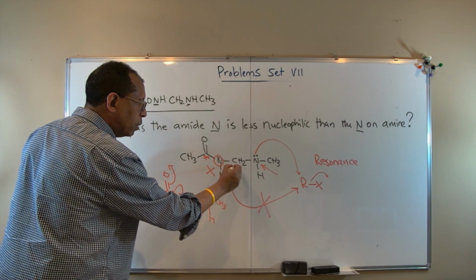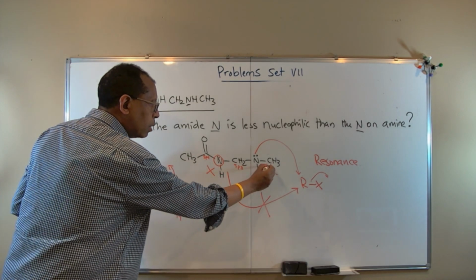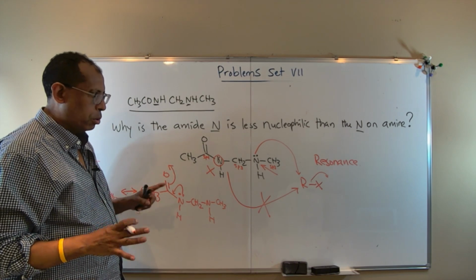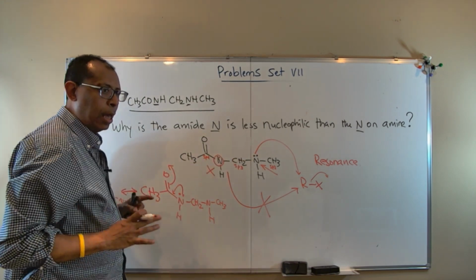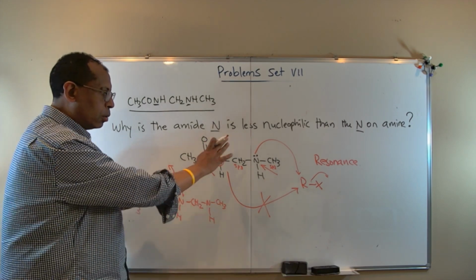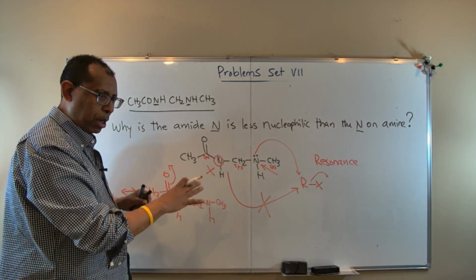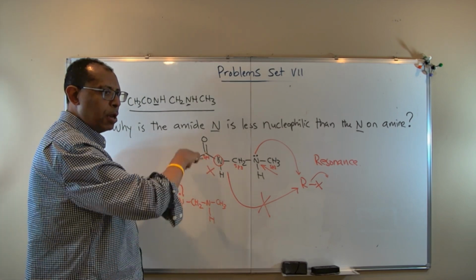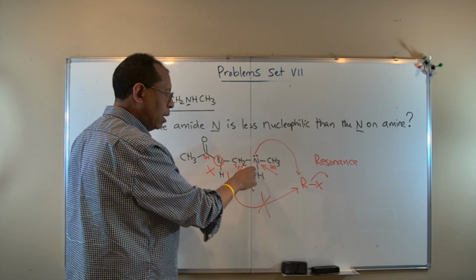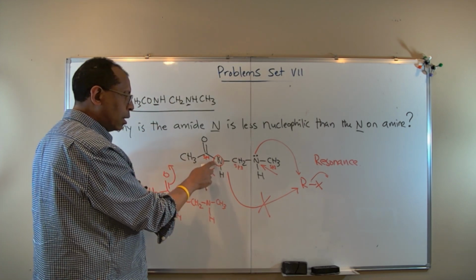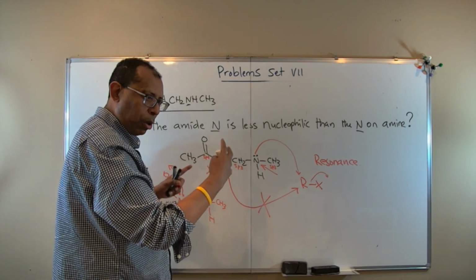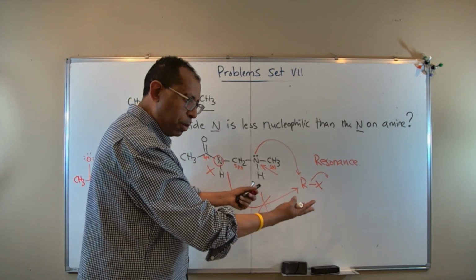Here you have sp3 hybridized carbons. They are not allowing you to do any resonance of those electrons. Sigma bonds cannot do resonance. So those lone pairs are available to go and attack. So this is more basic. Between this nitrogen and this nitrogen, this is the most basic nitrogen, because those lone pairs of electrons are available.